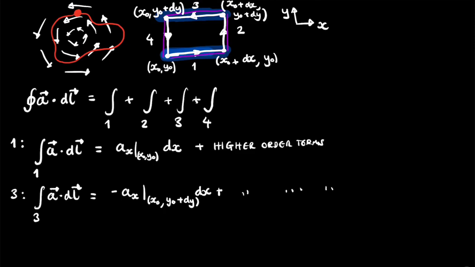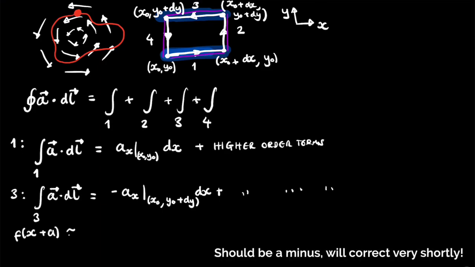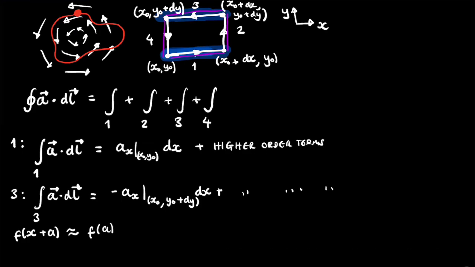I'm sure you guys have probably heard of the Taylor expansion, and it's normally something of the form of f of x with some shift, f of x minus a, I should say. f of x minus a is approximately equal to f of a plus f dash of a, all multiplied by x minus a.